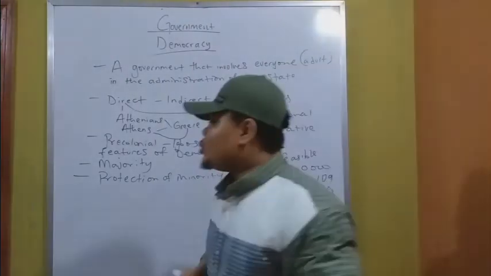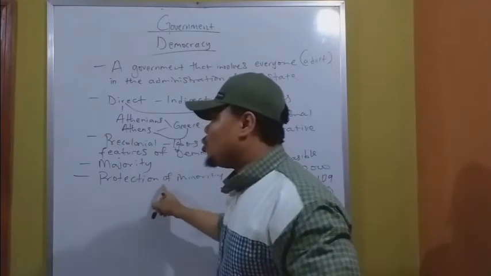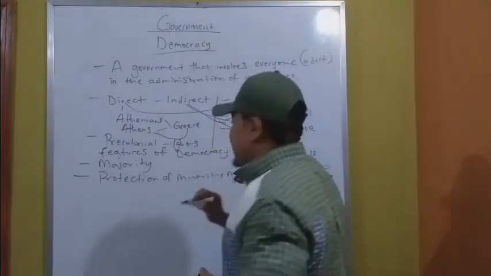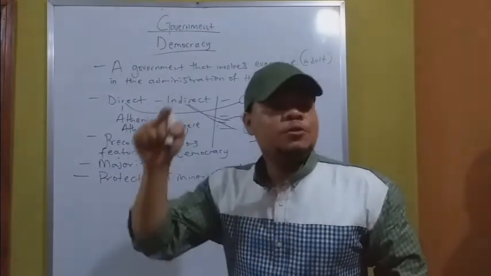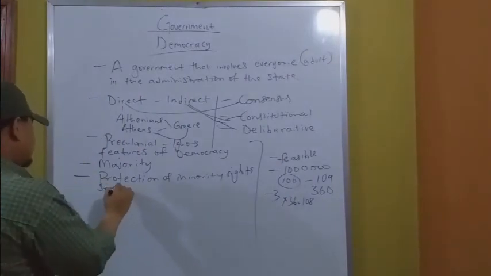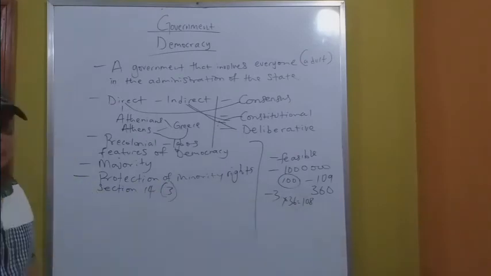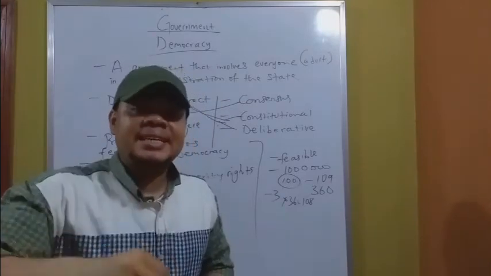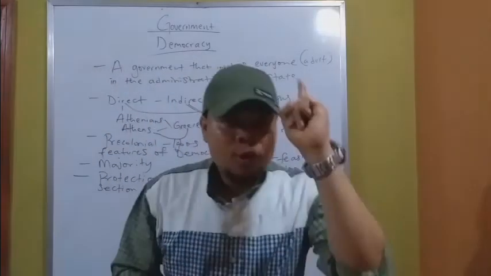Are you with me? Now, the number 2 feature of democracy is protection of what? Minority rights. And the Constitution of Nigeria protects minority rights. Section 14, subsection 3 of the Nigerian Constitution says that the government and the agencies of government must reflect the federal character of Nigeria.